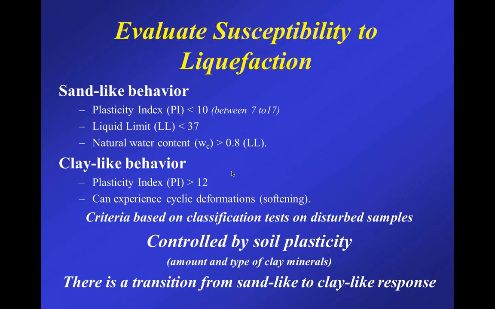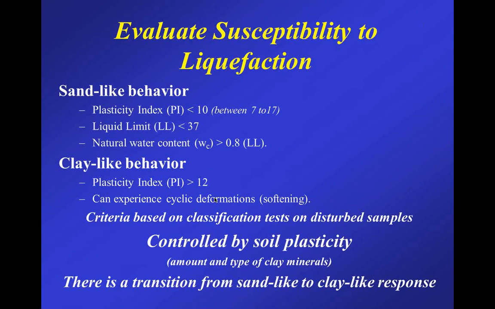So clay-like behavior tends to be the reverse. These are soils where plasticity index is greater than about 12. Now they don't suffer cyclic liquefaction where it's defined as reaching a condition of zero effective stress, but they can soften. They will develop some pore pressure, and because they develop some pore pressure, the effective stresses do drop somewhat, and so they do deform, but they do not get these banana-shaped stress-strain curves.